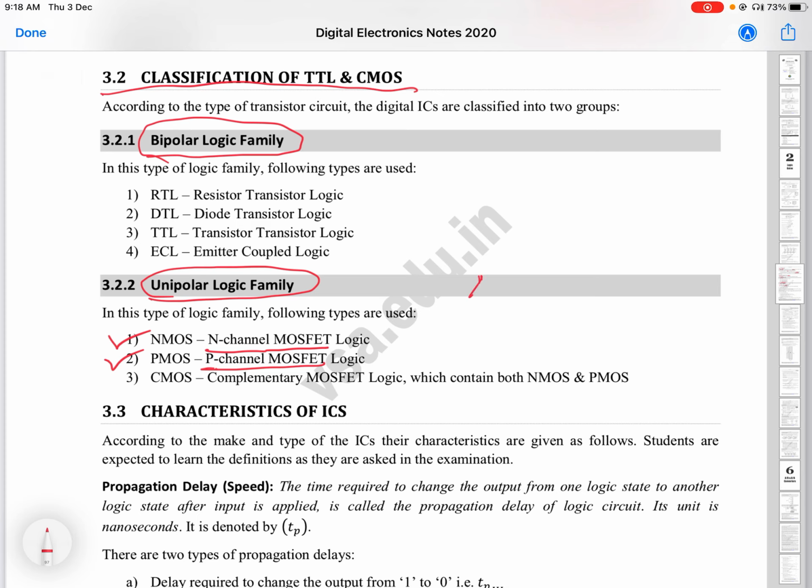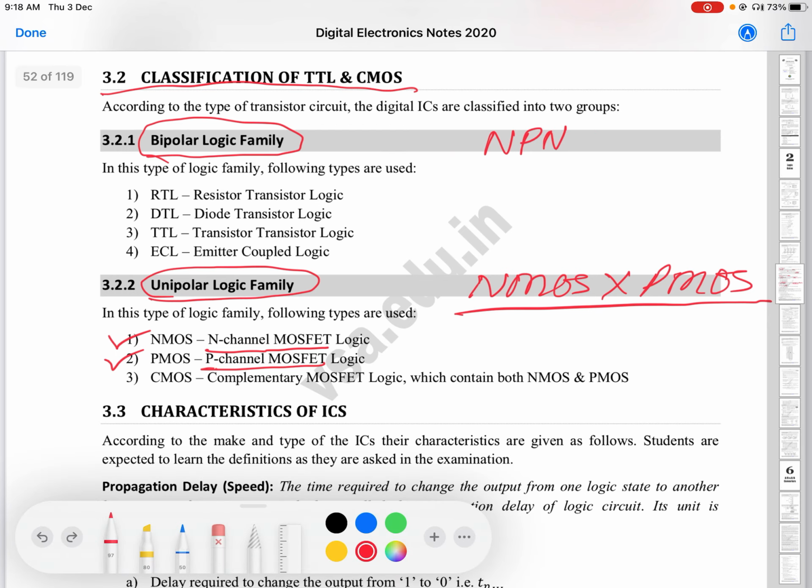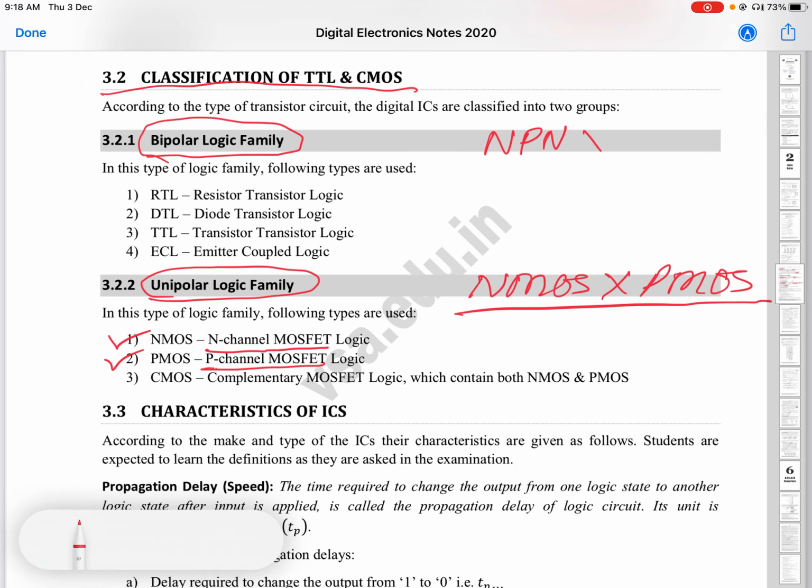Now NMOS and PMOS are exactly opposite in working with respect to each other. You have to note down this point. Just like in bipolar logic family, there are two transistors, NPN and PNP, and their working is exactly opposite to each other.